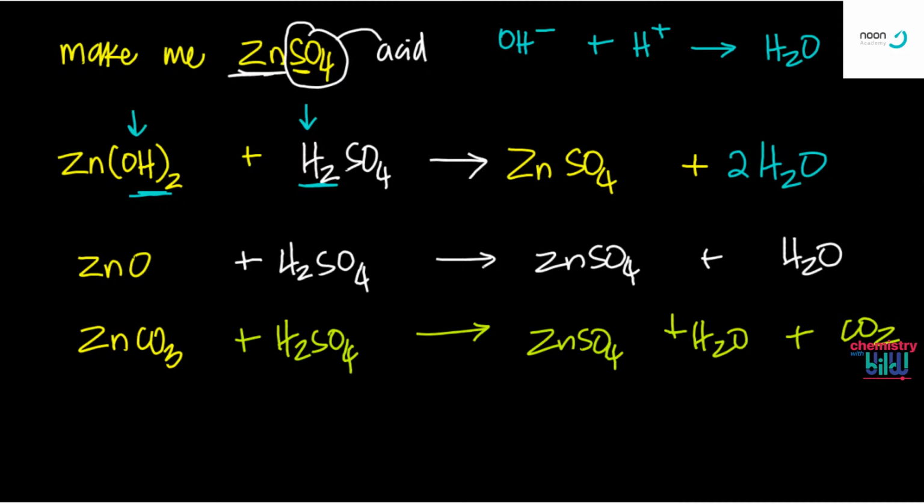And the fourth way, which I haven't yet shown you, is, so yeah, you wanted to use the acid that gives you the sulfate ion now. That's what I asked. I don't want any acid. I want an acid that will make me zinc nitrate.